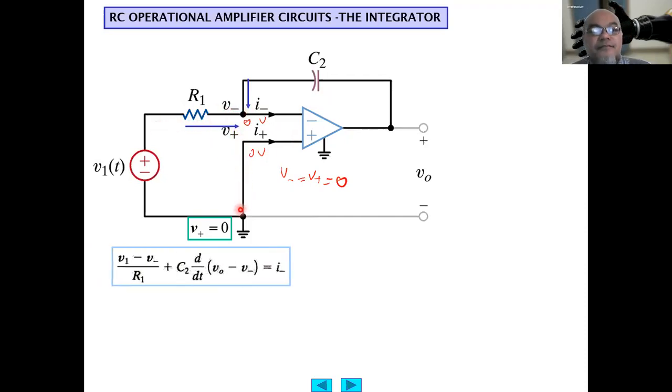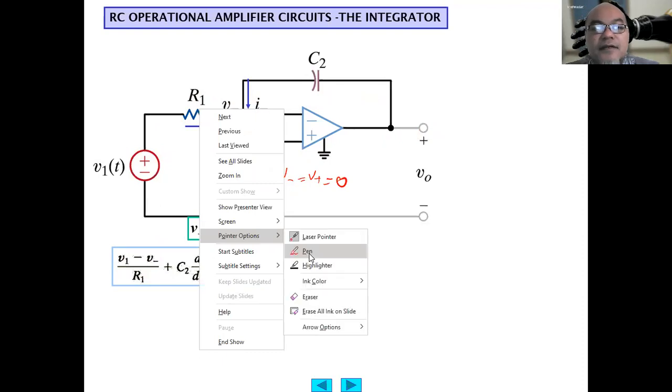Using Kirchhoff's Current Law, we get (V1 minus V minus) divided by R1 plus the capacitor current. We use the differential form of the capacitance law: current equals C dV/dt.